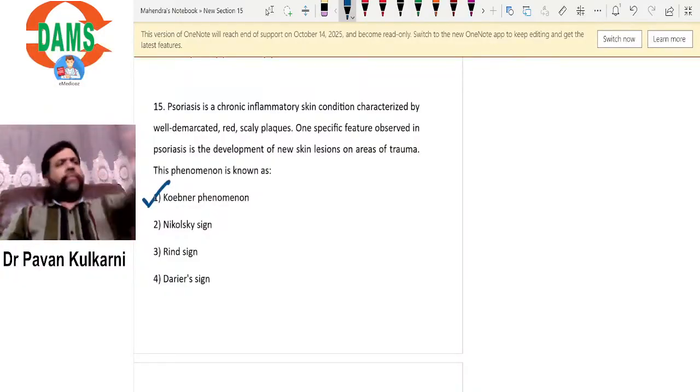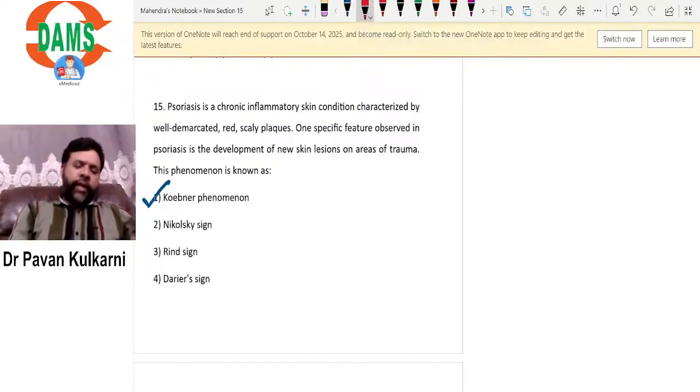For example, if a psoriatic patient has a trauma or scratches the skin, new scaly lesions will appear there. That is called Koebner's phenomenon.